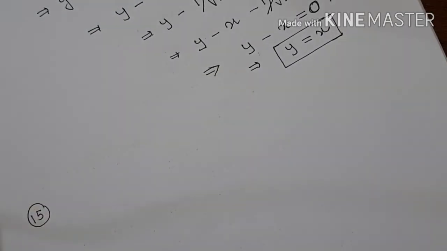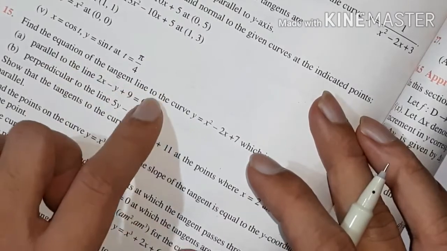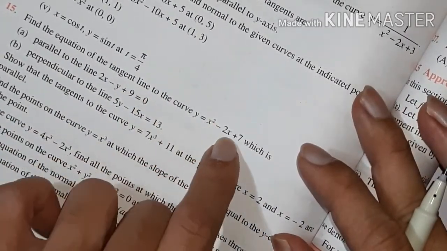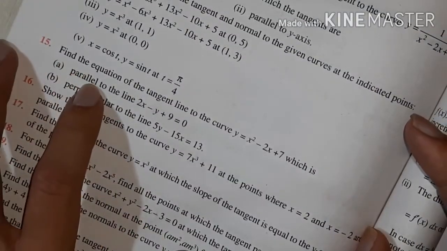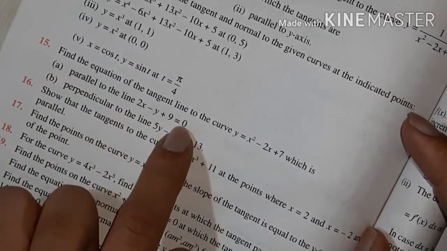So the 15th is what? Find the equation of the tangent line to the curve y equal to x square minus 2x plus 7, which is parallel to the line 2x minus y plus 9 equal to 0.